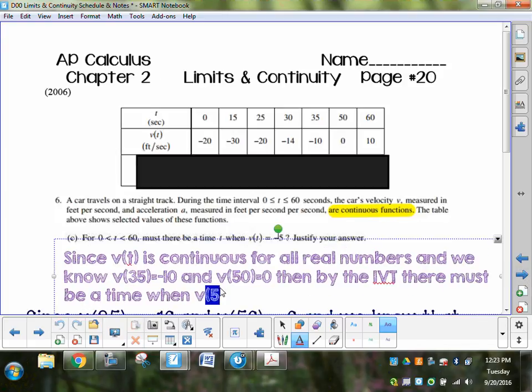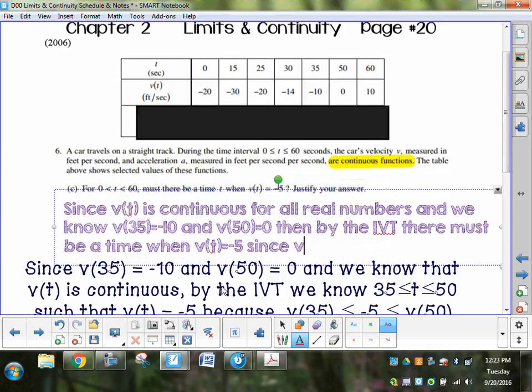It shouldn't be V of 5, by the way. I don't know how to do the less than or equal to sign, so I'm going to do this.